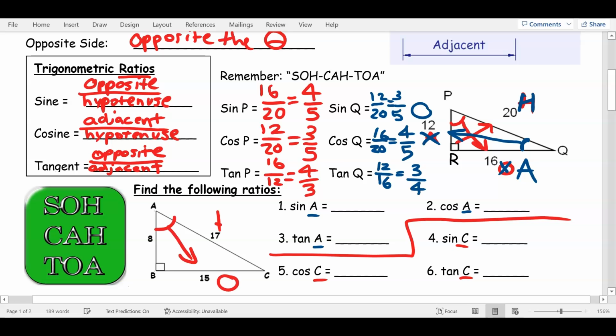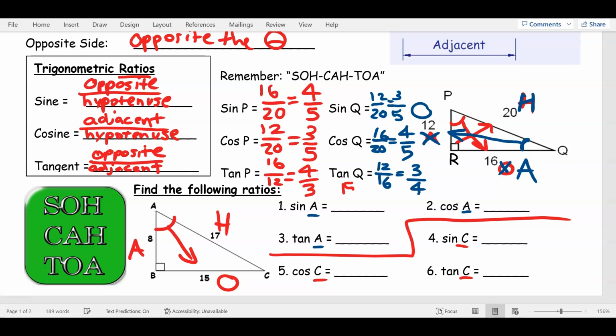Sine, this was OHA, starting at A. So sine was 15 over 17. It does not reduce. Cosine is A over H, 8 over 17. That does not reduce. Tan is O over A, 15 over 8. That does not reduce. When you did C, you had to cross out O and A and relabel it.